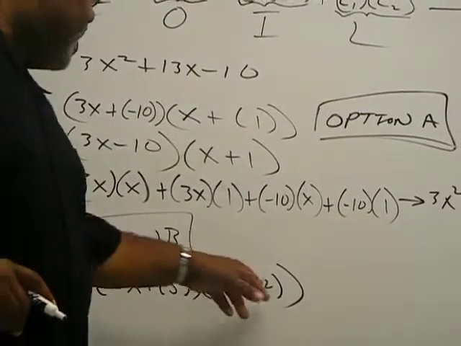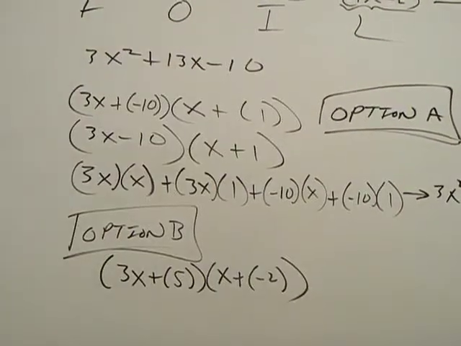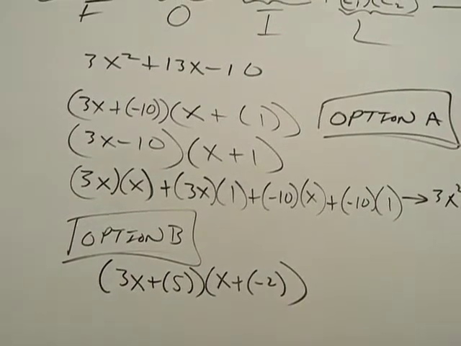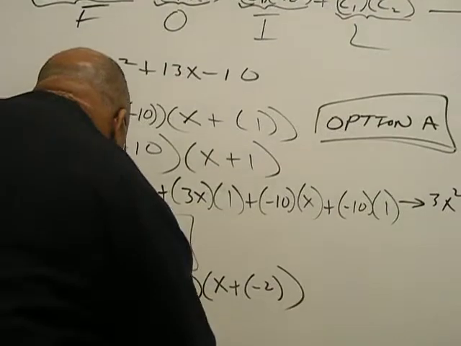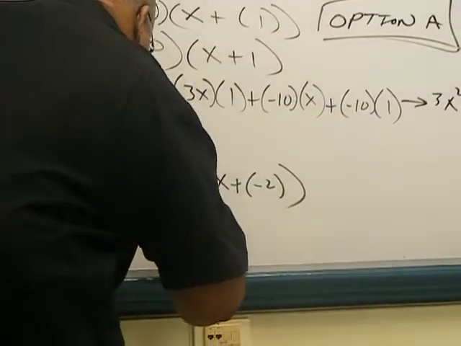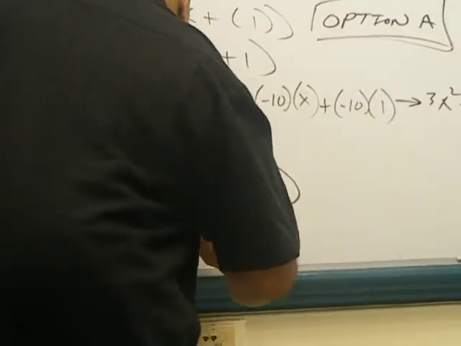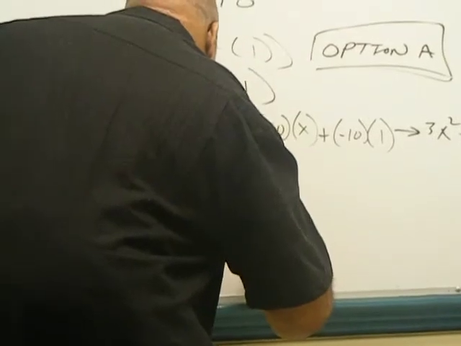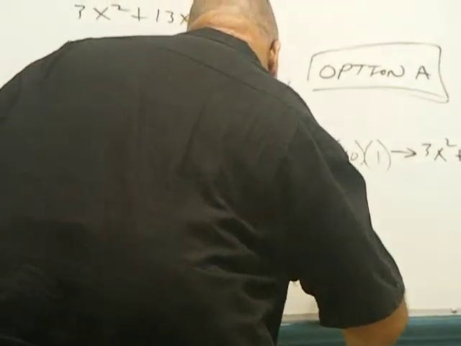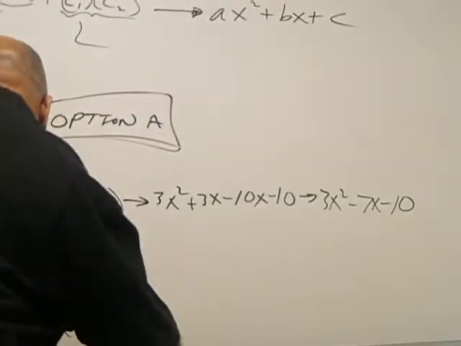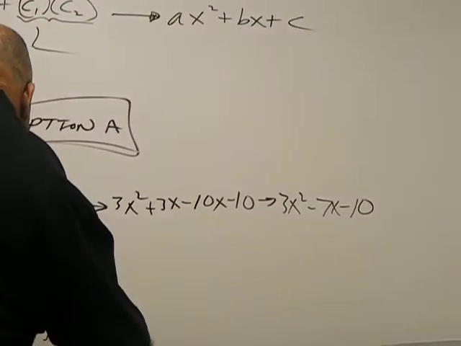And then we know that 5 times -2 is going to give us -10, but we don't know about the middle pieces. So let's try that.